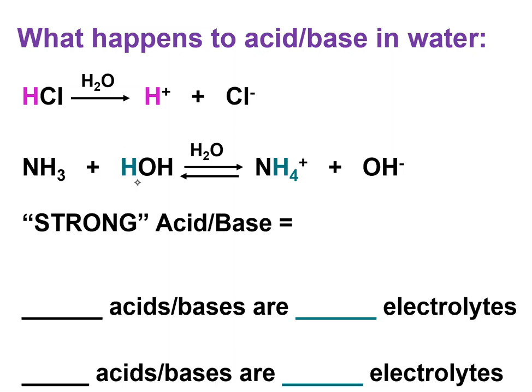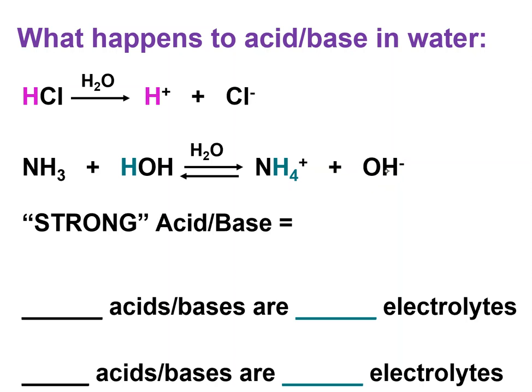Notice this is a funny way to write water, but that's how we do it, because in this case one of those hydrogens is going to come off and join this molecule, which is ammonia, and this is ammonium.